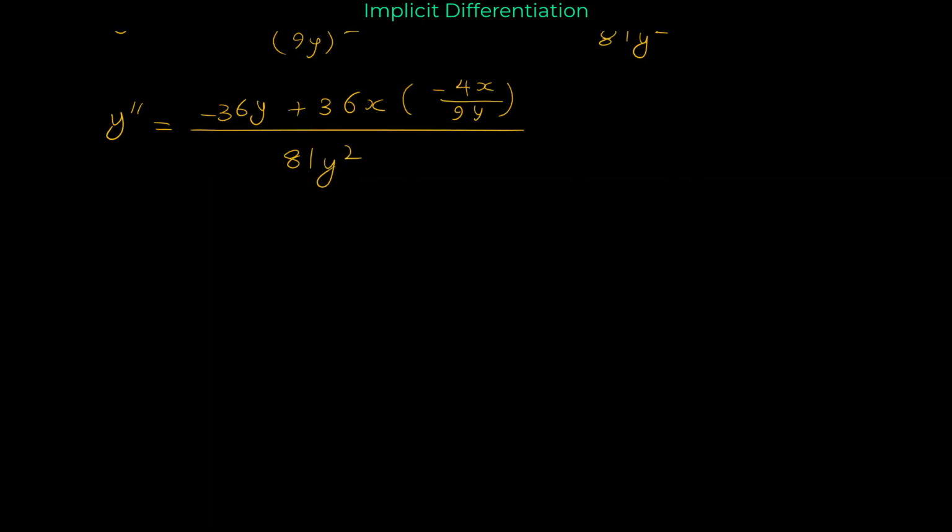Attention here, we can simplify 36 by 9. If we simplify 36 by 9, here is 4 and the 9 is gone.